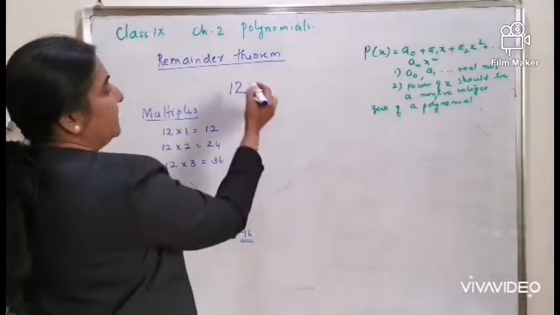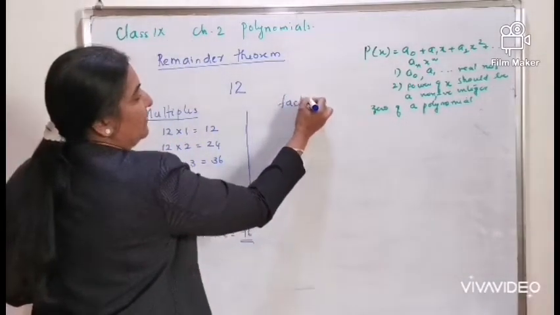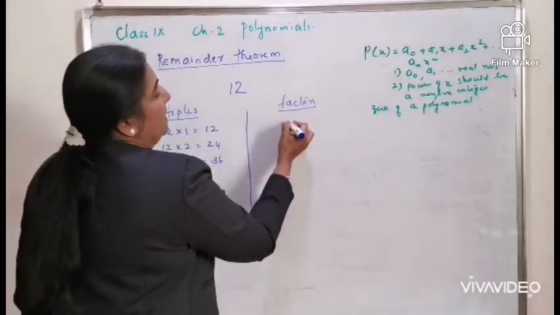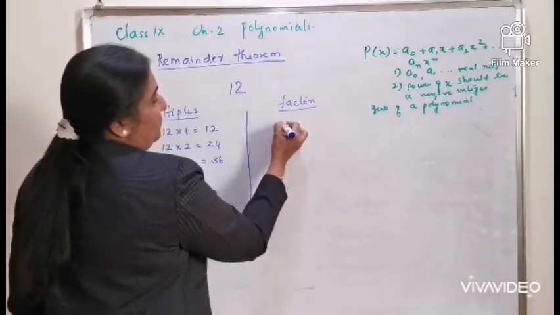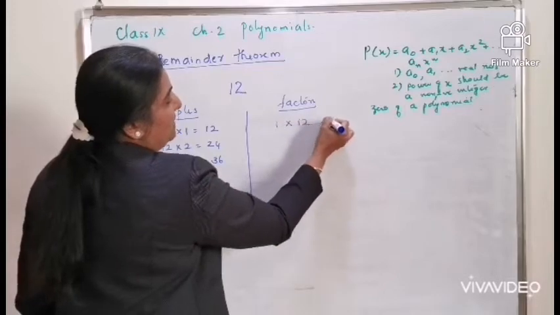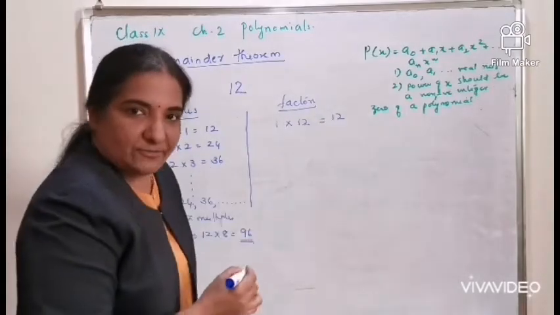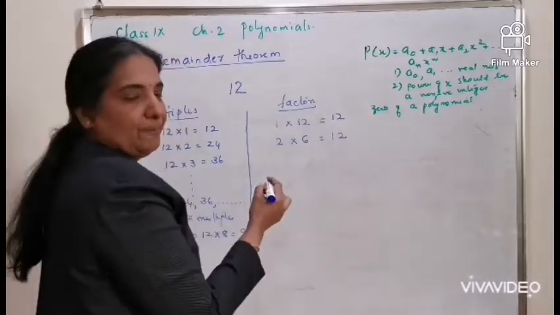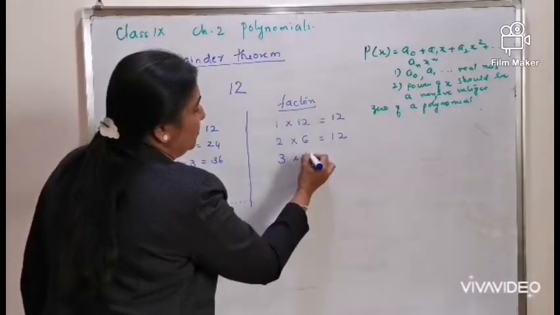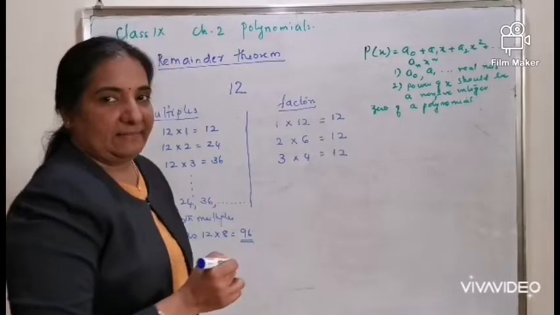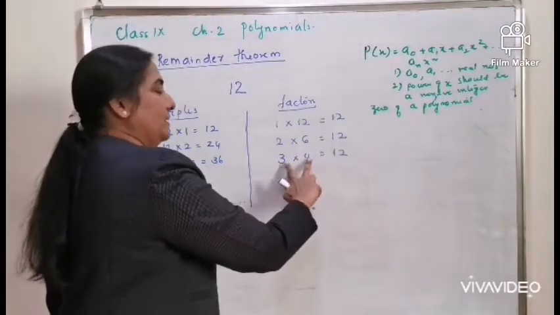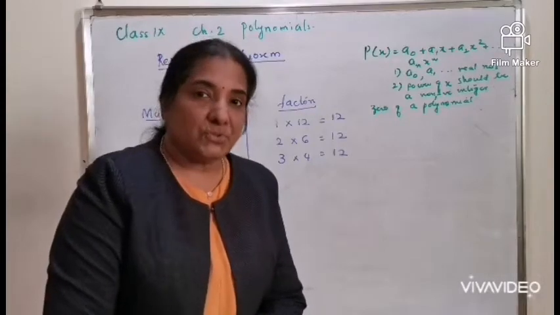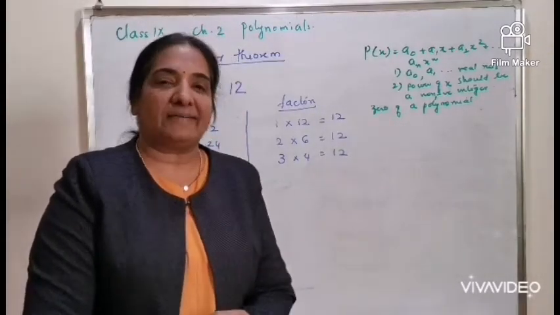For the same number 12, how do you find the factors? 1 into 12 gives you 12, 2 into 6 gives you 12, 3 into 4 also gives you 12. That is, the two numbers whose product gives you 12 are called the factors.